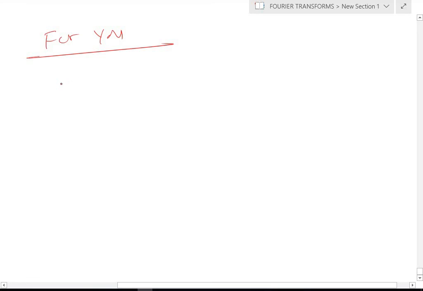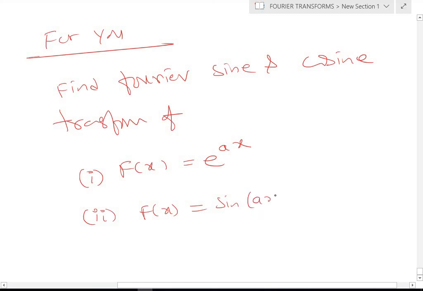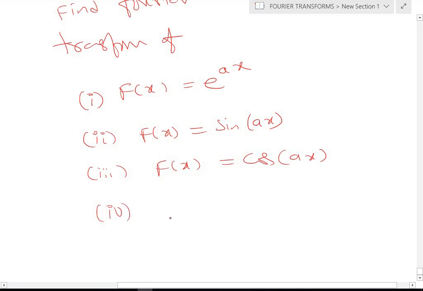Now I am asking you to find the Fourier sine and cosine transform of: first, f of x is equal to e power ax. The second one, f of x is equal to sine of ax. Third, f of x is equal to cos of ax. Like that many functions you can take.